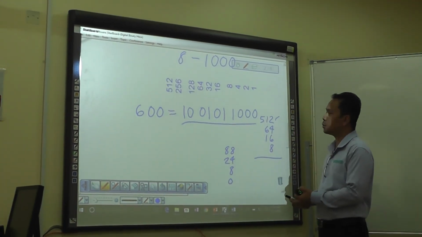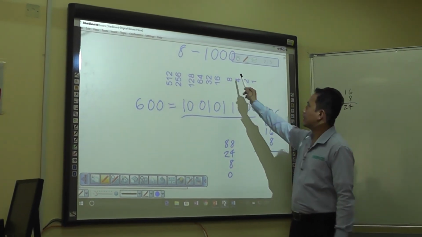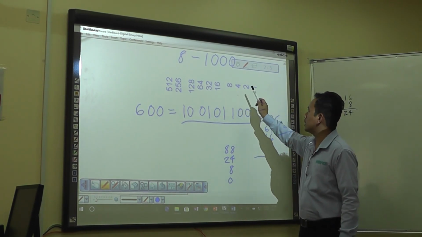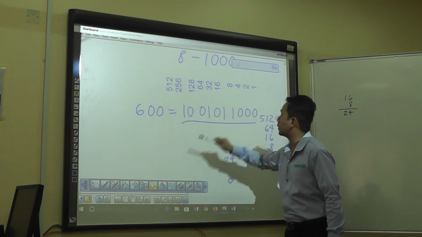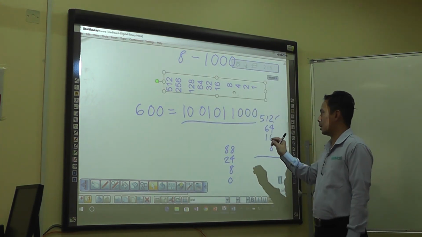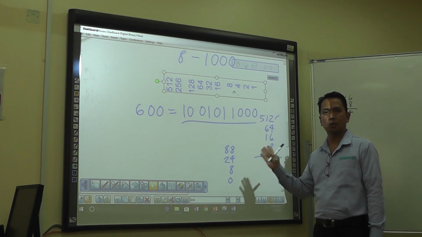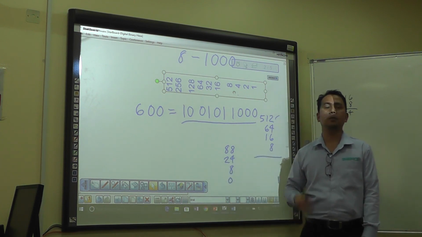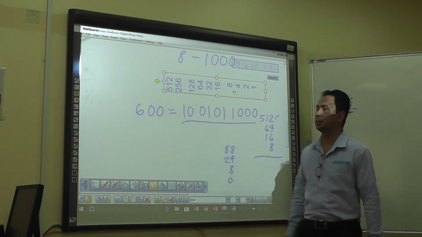By this guide, you could easily see the value of each decimal without dividing the numbers by 2. For example, there are cases that the numbers are big, so it's difficult for us to divide the numbers by 2.